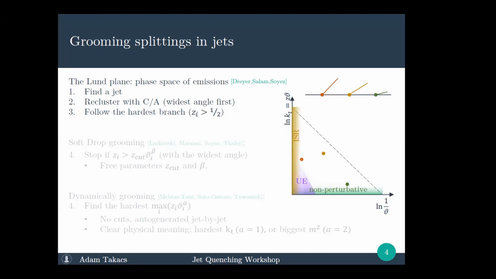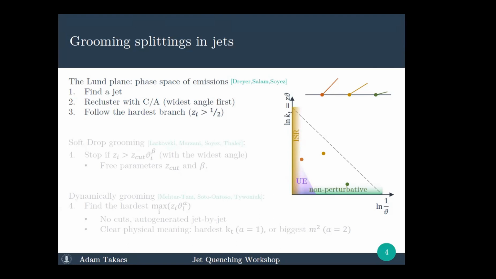For example, when the emission becomes soft, the running coupling becomes very large. Of course, the perturbative description after a while has to break down, and that basically gives you a boundary on this Lund plane. So the very soft emissions are non-perturbative, and you cannot describe them perturbatively.